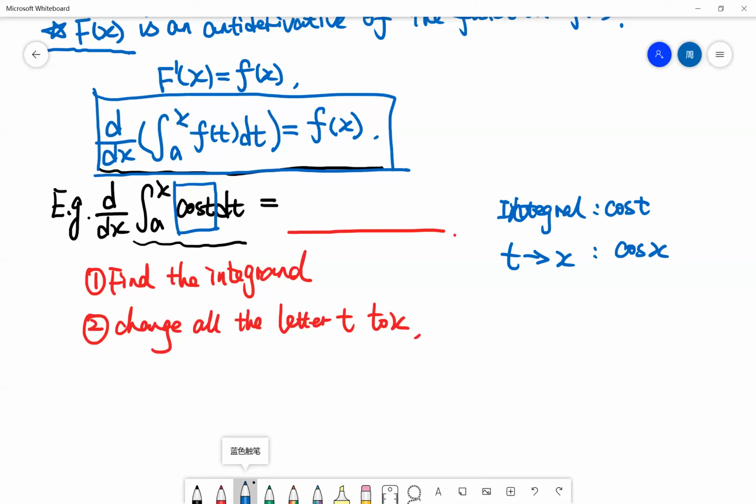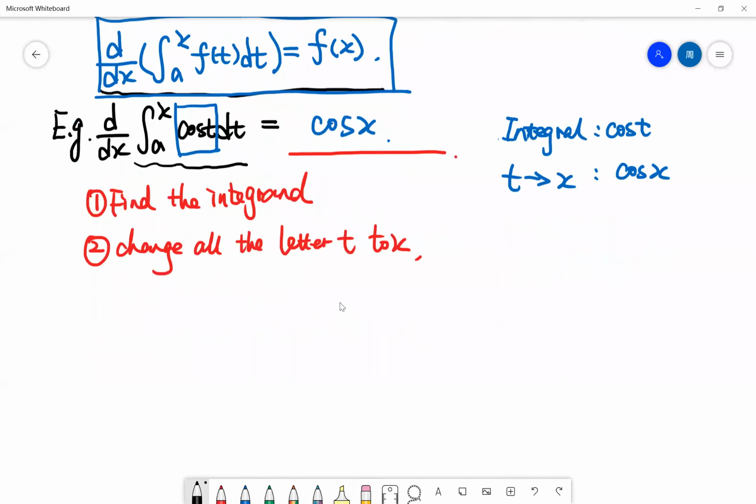That is the result. So guys, can you follow my steps? Yes, Laoshi. Okay, so remember to find the integrand, that is very important. So I will give you another example.